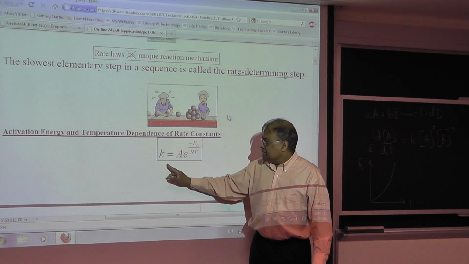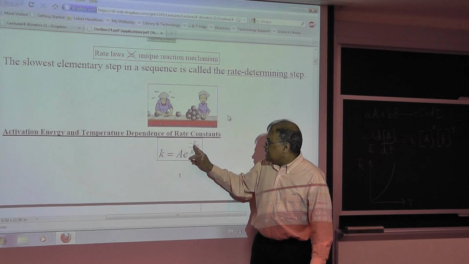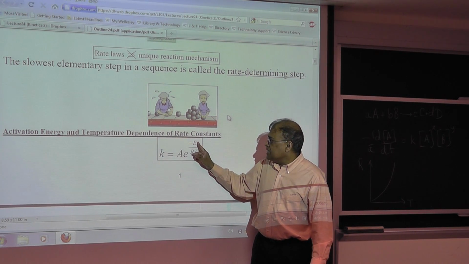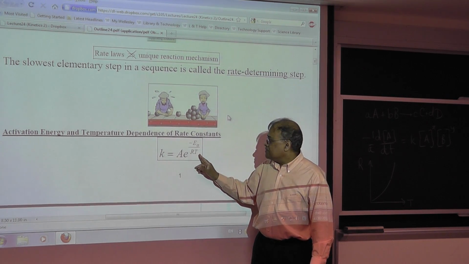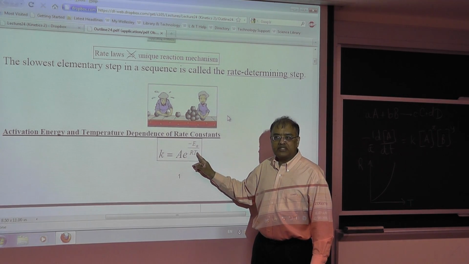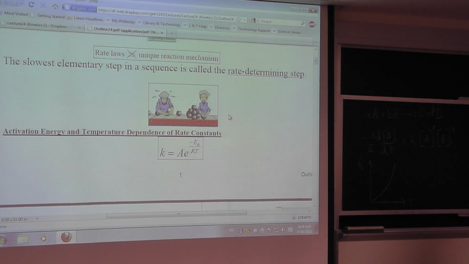Rate constant is equal to the pre-exponential factor times e to the power minus E sub A over RT. E sub A is the activation energy, R is the gas constant, and T is the temperature expressed in Kelvin. Okay, we'll talk about all of this today.